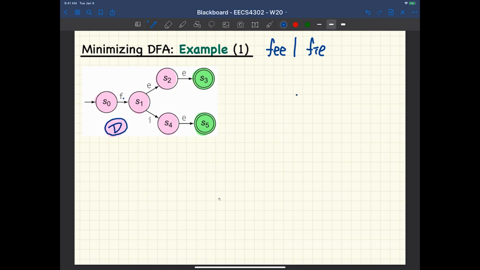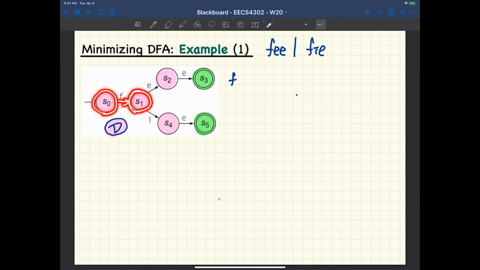If I talk about character F, think about for every pink state, by taking F, are they going to go to states in the same partition for F? Let's see here. So now, for example, for S0, if I take F, it's now going to S1 in the pink, right?